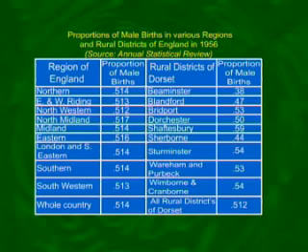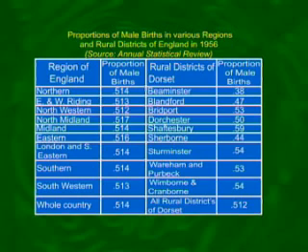If you concentrate on the column of the rural districts of Dorset, you notice that the proportion of male births fluctuates between 0.38 and 0.59. In the district of Beaminster, it is only 0.38, but in the district of Shaftesbury, it is as high as 0.59.